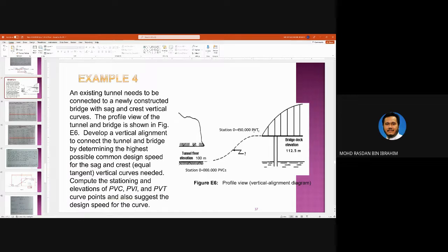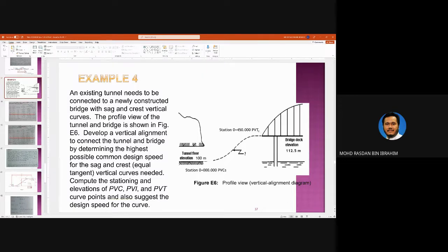And here is PVT of the crest, the final point of the crest curve. The elevation of the tunnel floor is 100 meters, and the bridge deck elevation is 112.5 meters. So the difference of heights is 12.5 meters. The difference between the tunnel floor and the bridge deck is 12.5 meters.